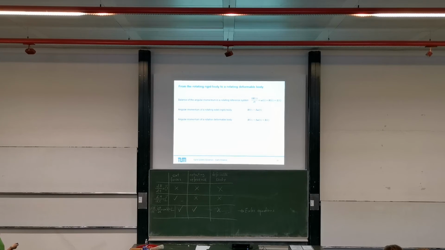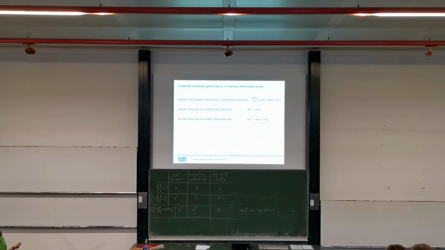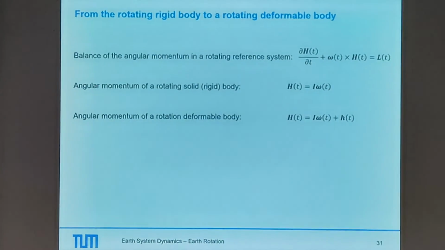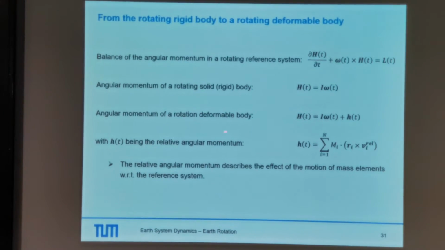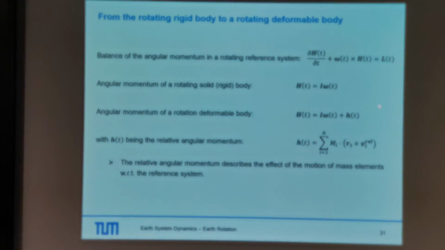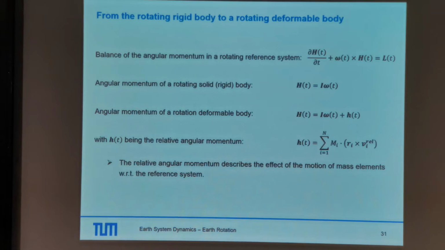For the deformable body, we extend this equation by the so-called small h quantities, the relative angular momentum. Small h is more or less the sum over the n point masses, m_i times the position vector cross the relative velocity. And this describes the motion of the mass elements with respect to the reference system.